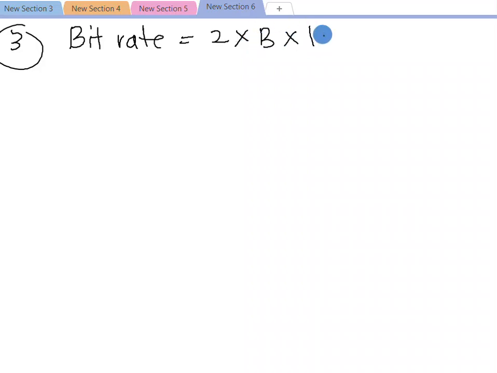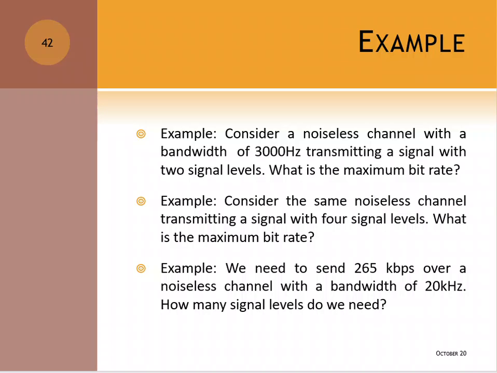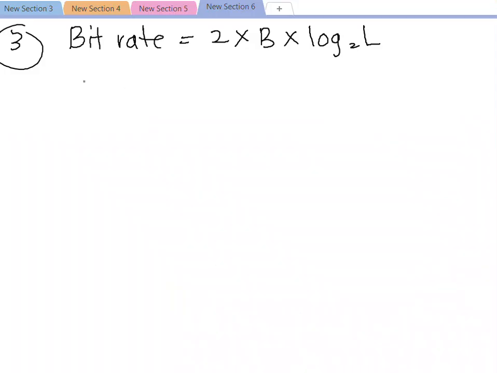Okay, let's do this. Okay, for number 3. Still the same formula. Bit rate equal to 2 times B times log 2 L. Okay, so the bit rate given is 265, right? So 265 kbps. 265 kbps.